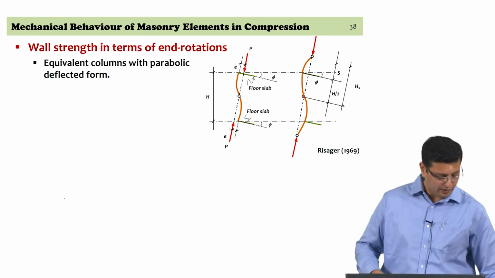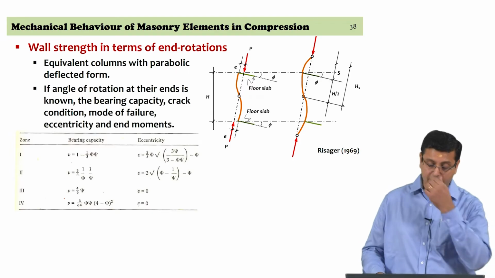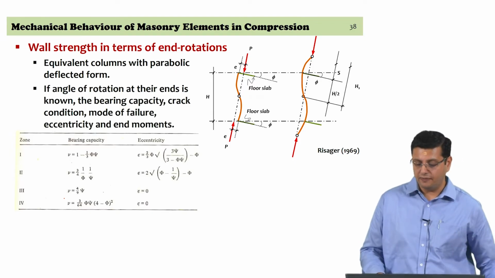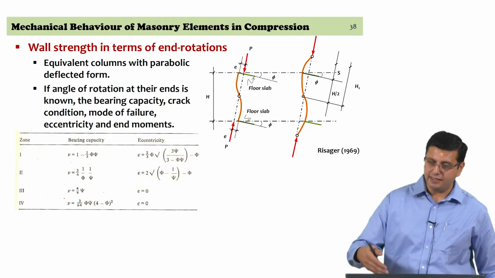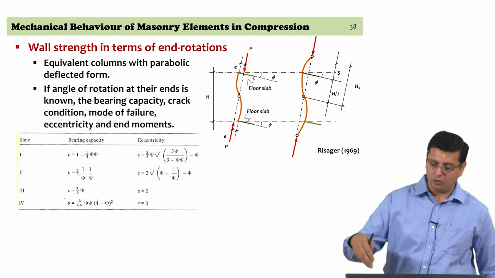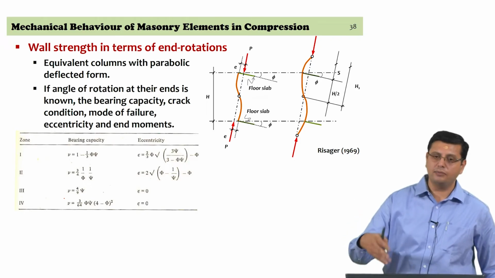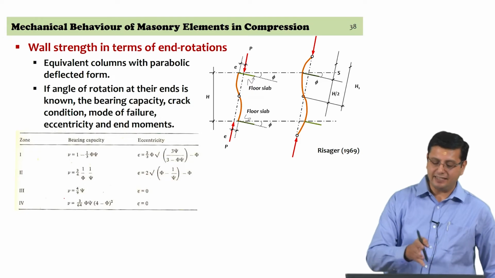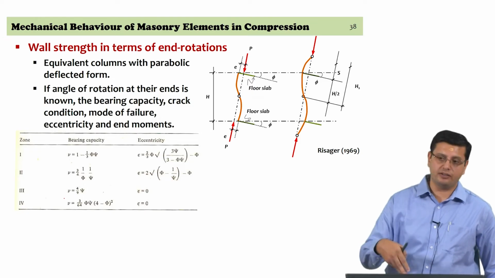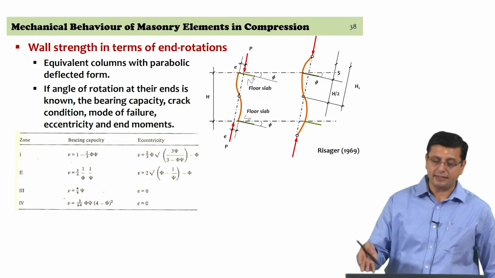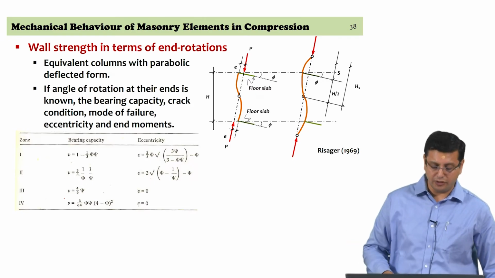There are some other forms that have been developed. In this particular work, you can see that the deflected shape of the column has been idealized as being close to a parabolic deflected shape, and with that assumption you get an analytical form that you can use.